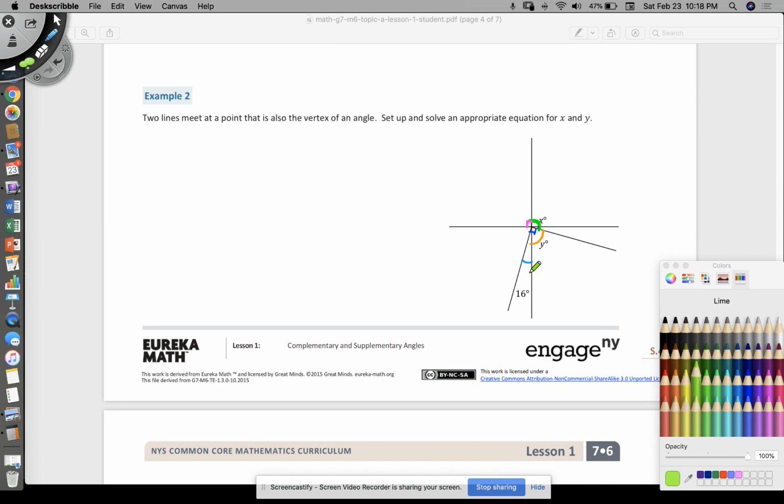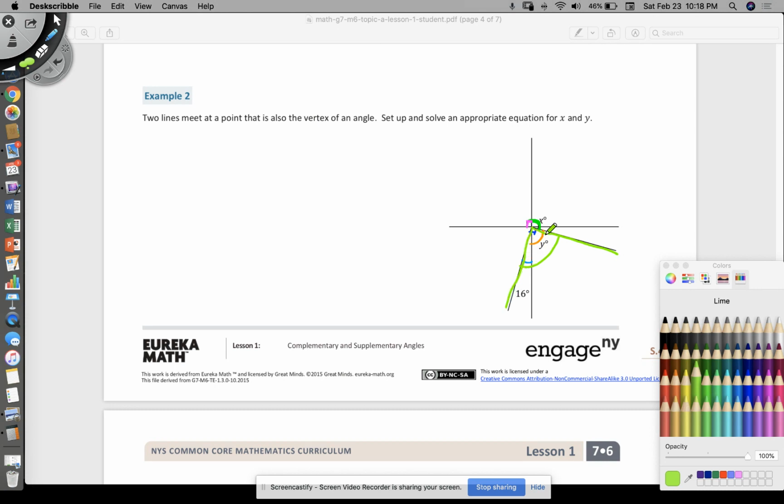If I take 16 and I add it to y, it forms that right angle right there. You see that? If I take 16 and add it to y, I'm going to highlight this angle here. It's this whole thing right there.